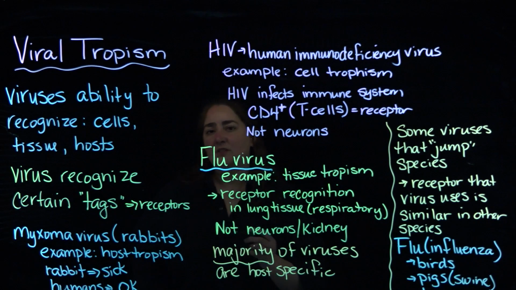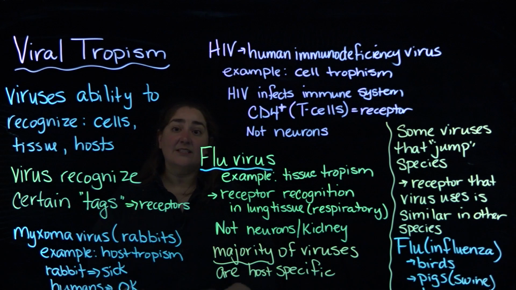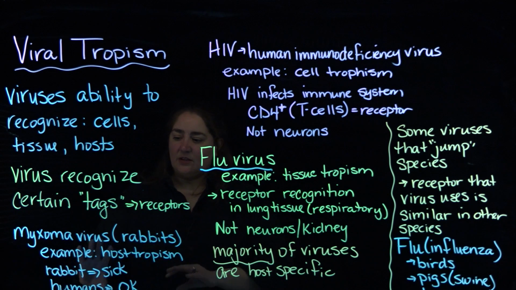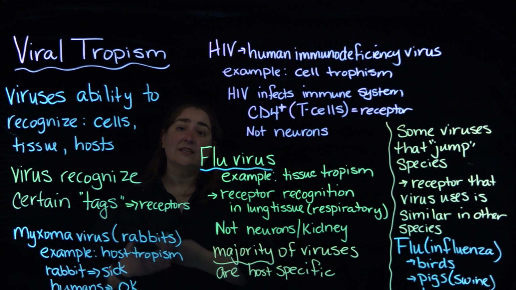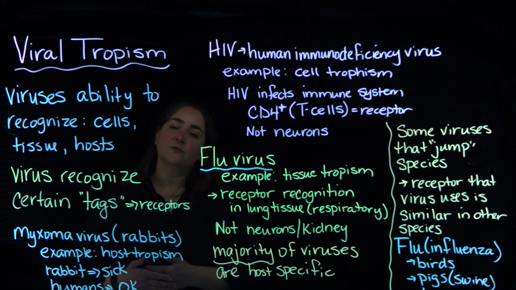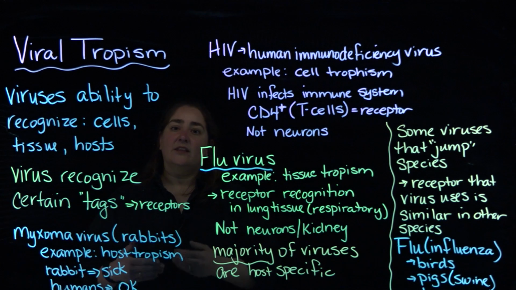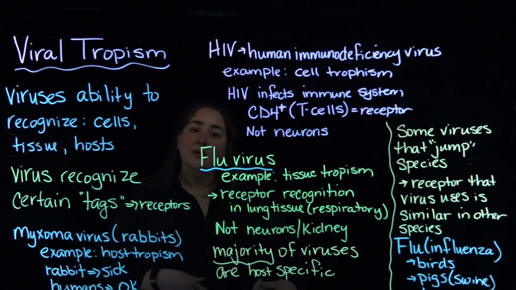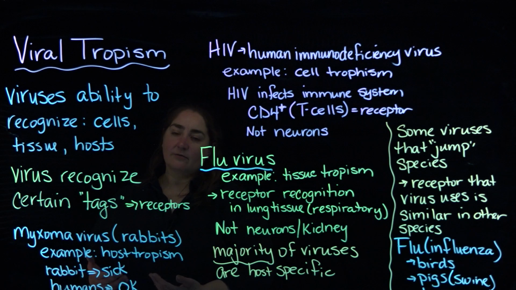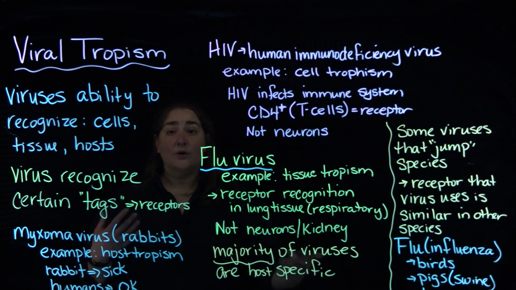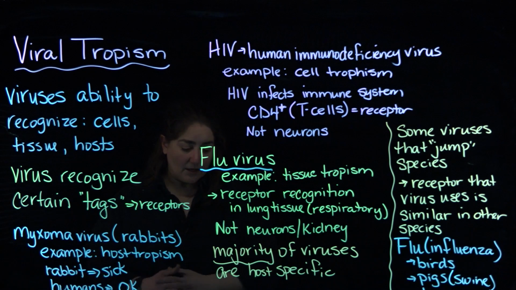Usually what happens is there's a mutation in that influenza virus that essentially allows the host tropism to be overridden. And what happens, that swine flu now is similar enough to a receptor that is present in the human body that if the pig gets sick, we potentially can catch it, okay?